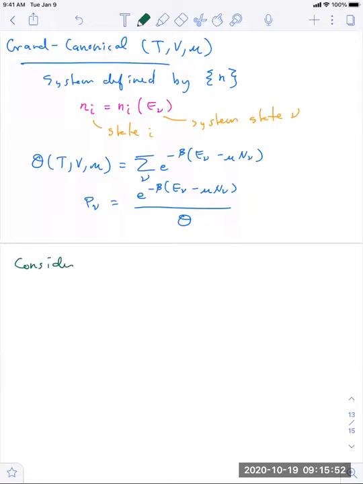So first we'll consider we have bosons. Bosons have symmetric wave functions, and what that means is there's no limitation to how many particles can be in any one state. So that means our occupation numbers span 0 to infinity.